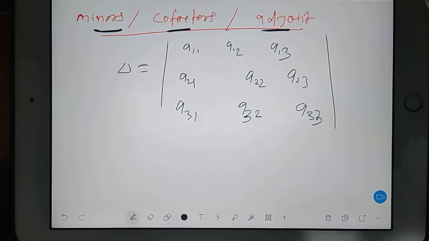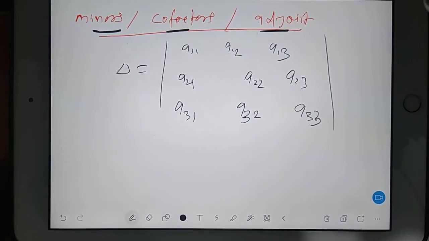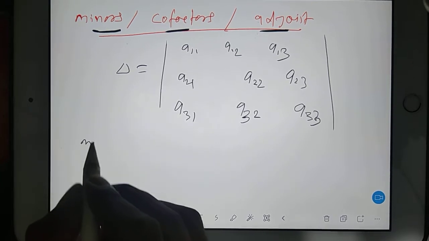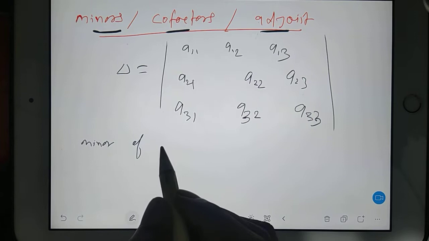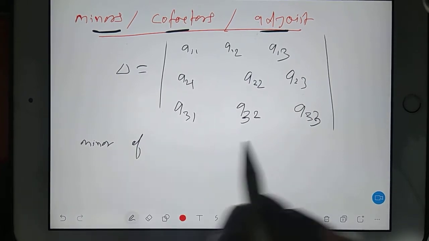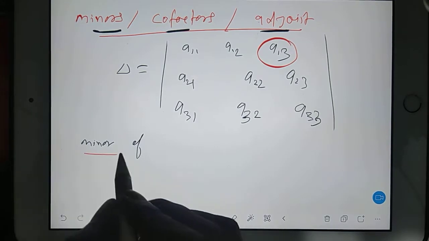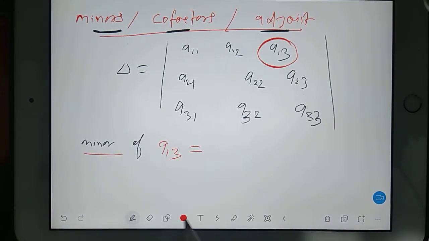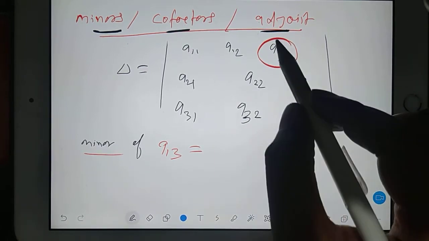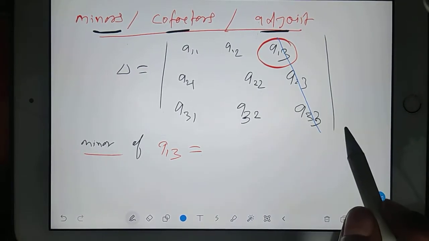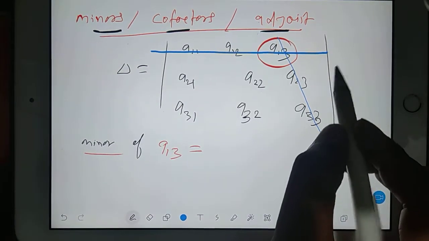We can find the minor of every element. Suppose I'm considering the element A13, so I will write minor of A13. If you are finding the minor of A13, you leave the column in which A13 falls, and you leave the row in which A13 falls.